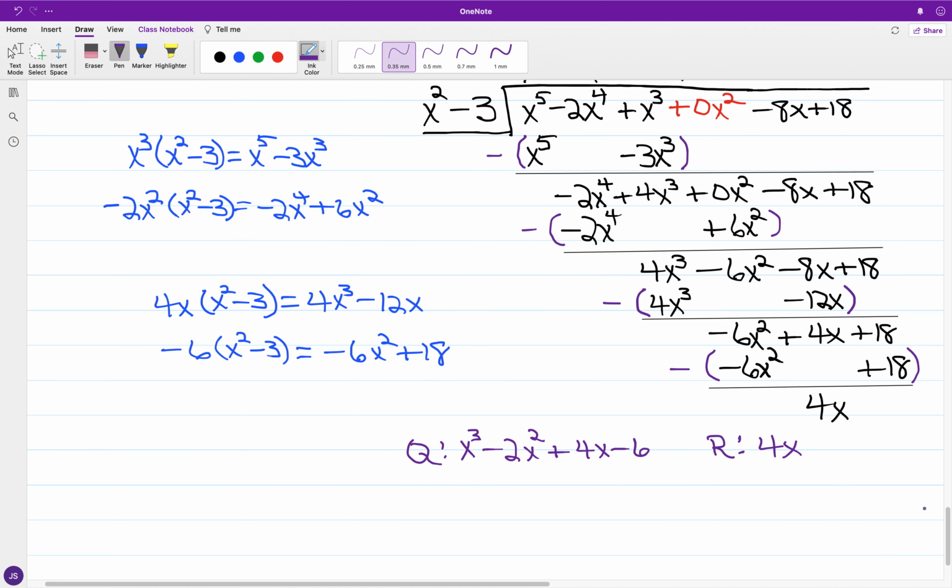In the case of writing it out in expanded notation, we have x to the 5th minus 2x to the 4th plus x cubed minus 8x plus 18 all over x squared minus 3.